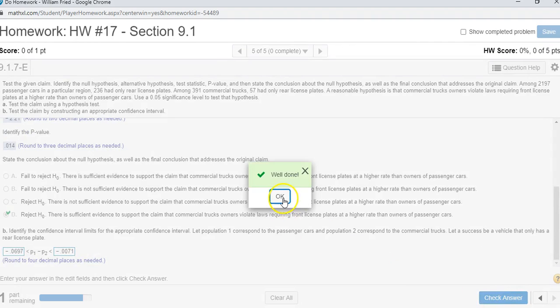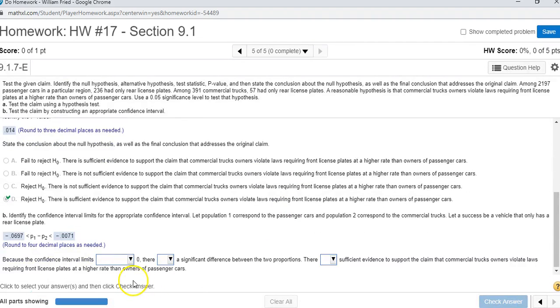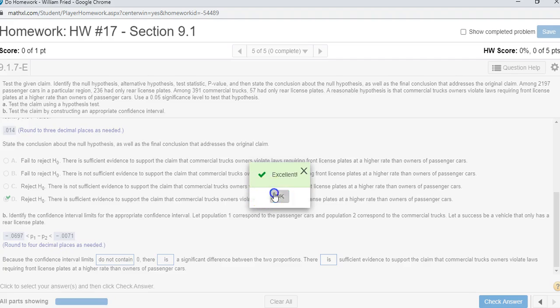Okay. Now, because the confidence interval does not contain 0, that means there is a difference between these two proportions. Because the confidence interval limits do not contain 0, there is a significant difference between the two proportions, and there is sufficient evidence to support the claim that the trucks violate the laws at a higher rate than the passenger cars. Check answer. Excellent.